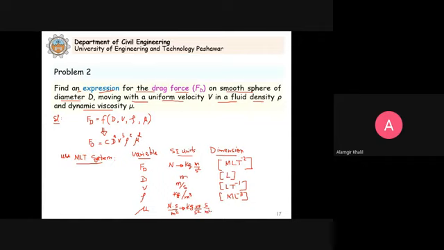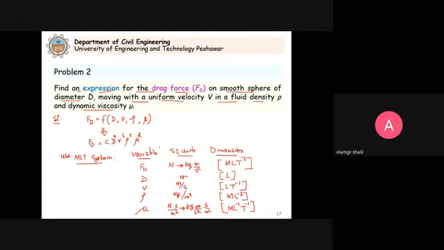If you simplify this, the dimensions will be equal to M L to the power minus 1 T to the power minus 1. So these are the dimensions.